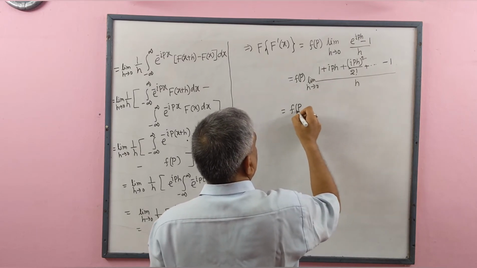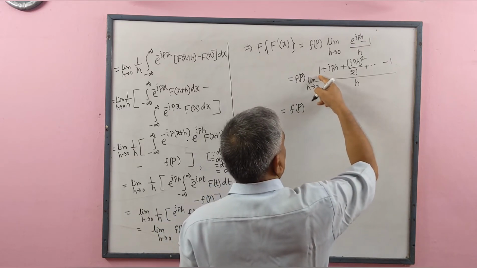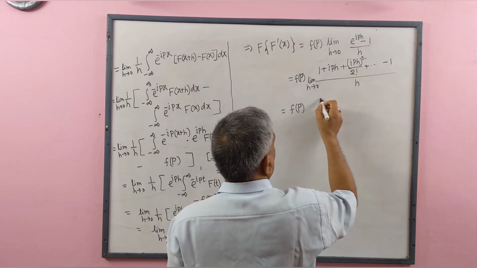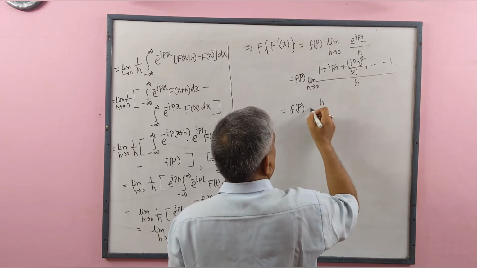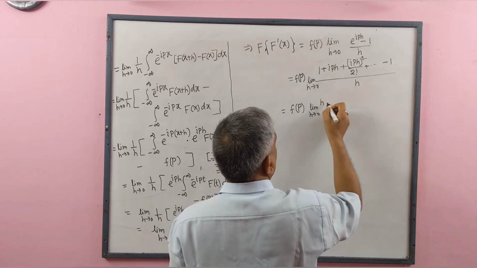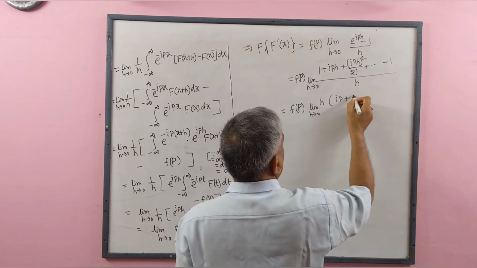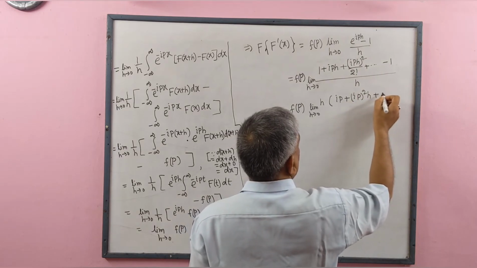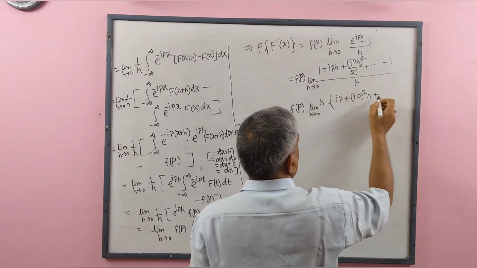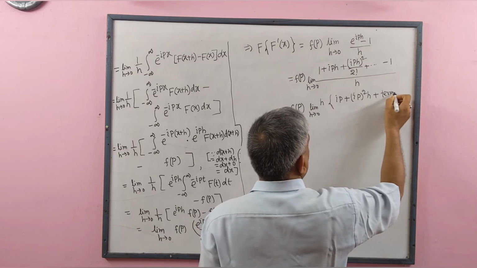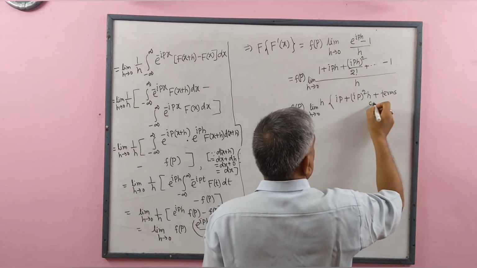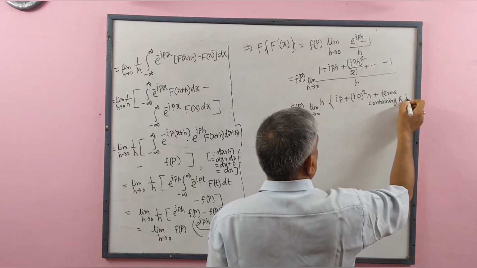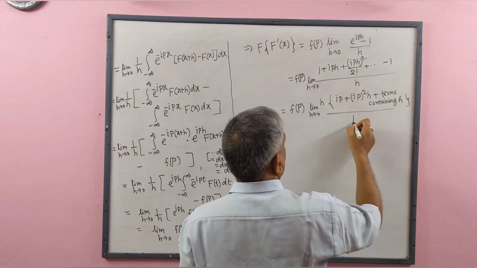This will be equal to F(p), here 1 plus 1 minus cancel, and here common h, limit h tends to 0, ip plus ip whole square into h plus terms containing h as a product, by h.